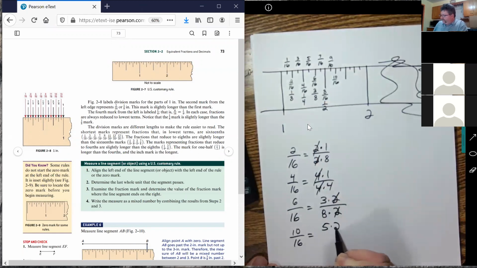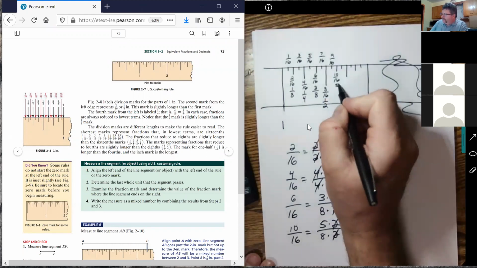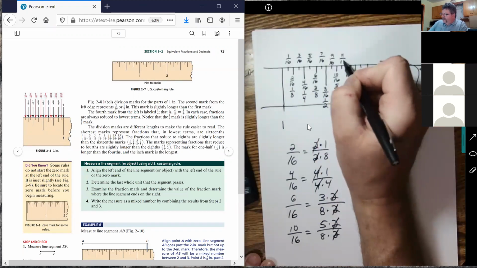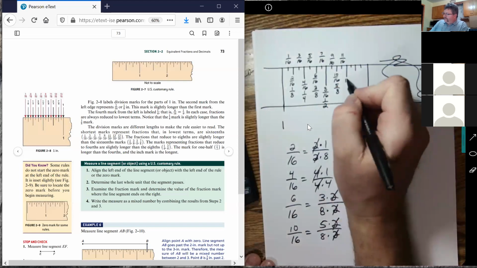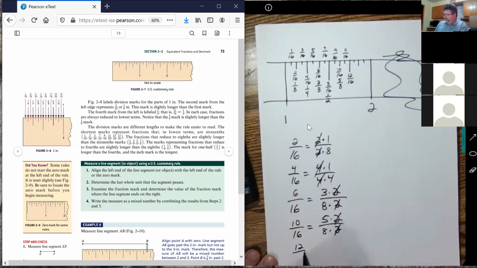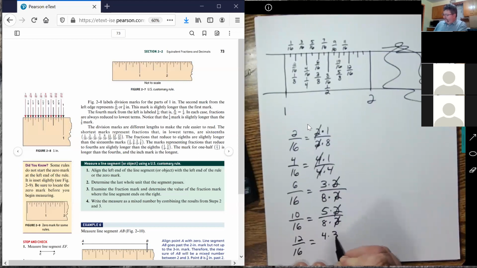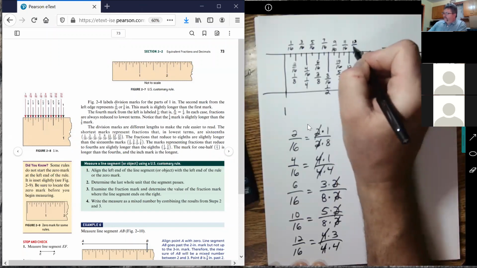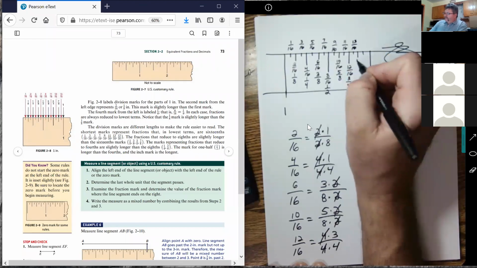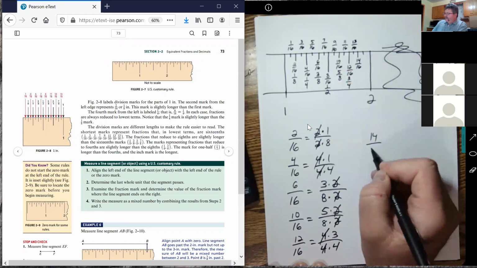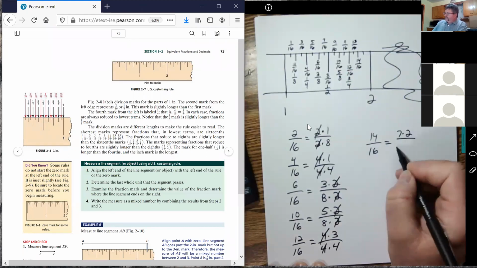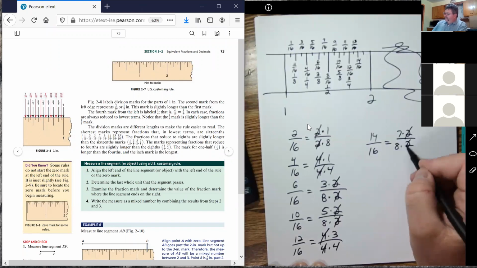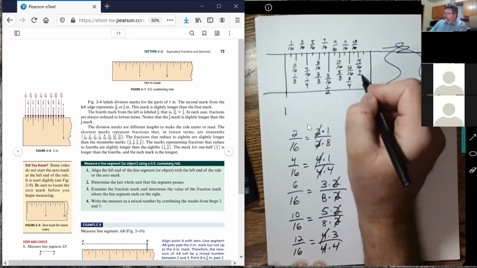Well, 5 times 2 is 10, and 8 times 2 is 16, so that'll be 5/8. 11/16 I cannot simplify. 12/16 I can simplify, right? 12 out of 16. 4 times 3 is 12. 4 times 4 is 16, 3/4. 13/16, can't simplify that. 14/16 I can simplify, right? 14 out of 16. 7 times 2 is 14, and 8 times 2 is 16, 7/8. Okay.